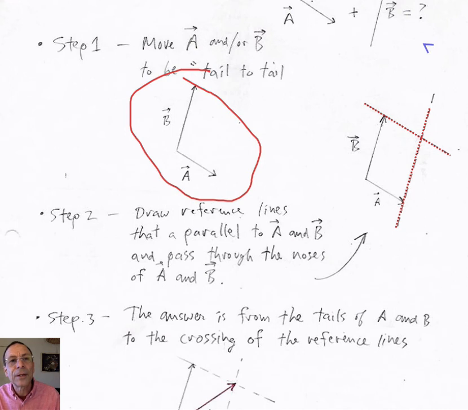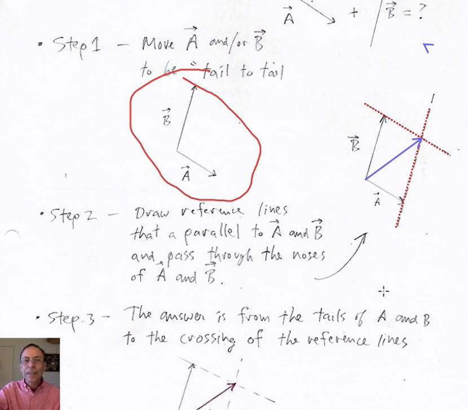I'll draw the answer. It goes from where the two tails are together to right there. Boom. That's my answer. So we have drawn the sum of vectors A and B. This is also known as the resultant of A and B.